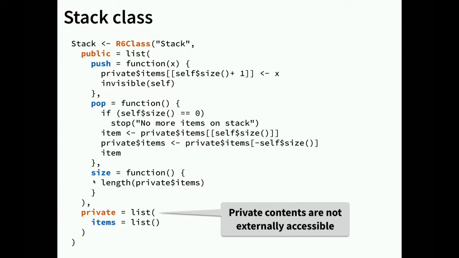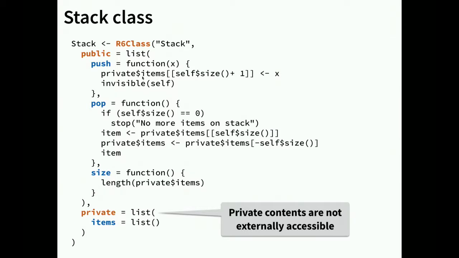And now the new thing here is that there's also some private stuff. So this is a list. It contains one thing, the items in the stack, which also begins as an empty list. And they're not accessible from outside. And from inside the class, you can use private$items to access that value.